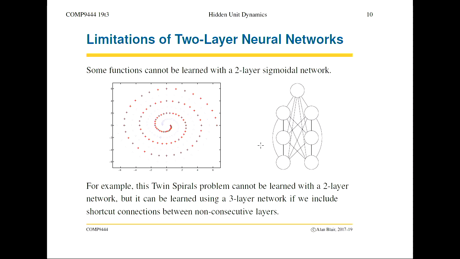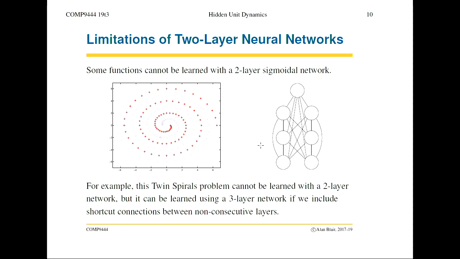This is just a toy problem that someone came up with. I think it was Weigand who came up with this. You have two inputs, and the data consists of these two sets of points.